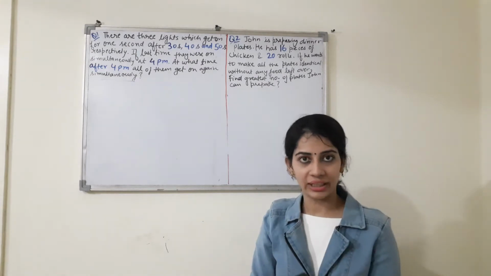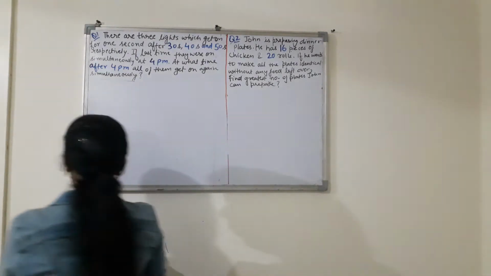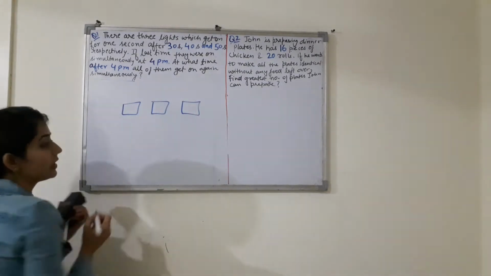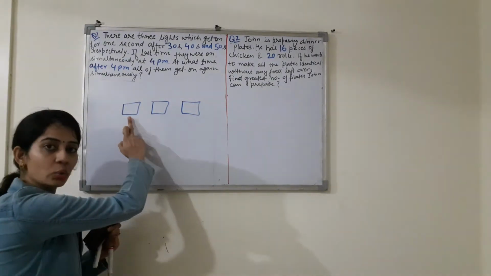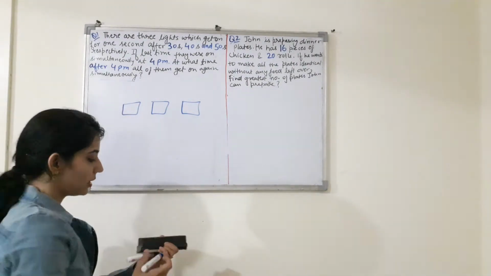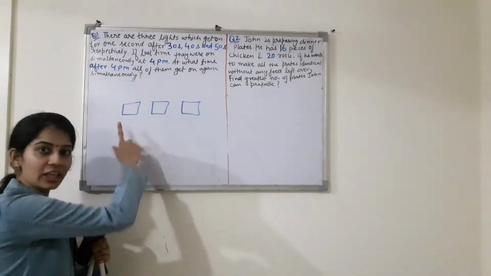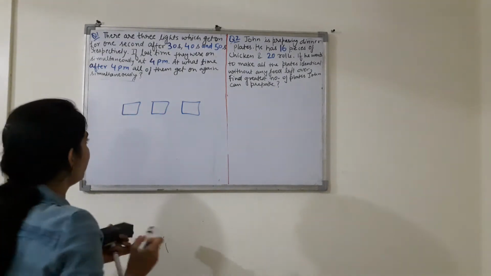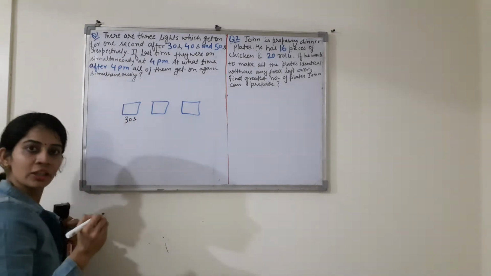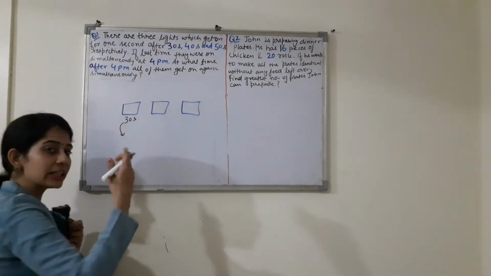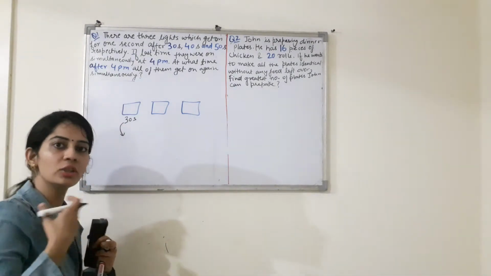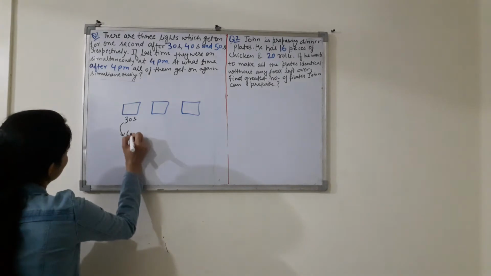We have 3 lights. The first light will get on after each 30 seconds, that is, it first lights at 30 seconds, and after that every 30 seconds. It means 30 plus 30, or 30 into 2, so it will be 60 seconds.